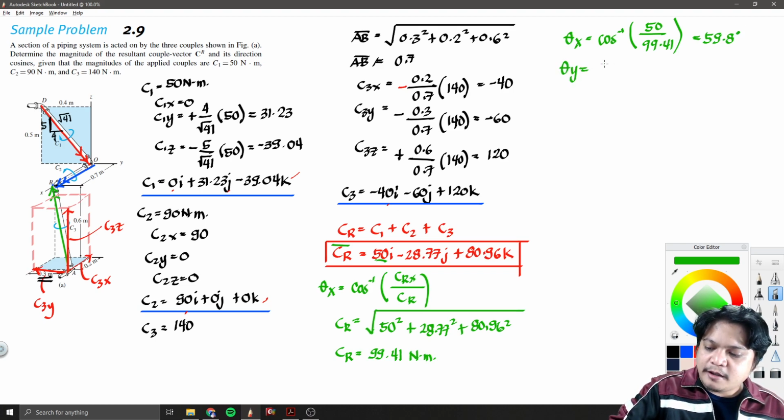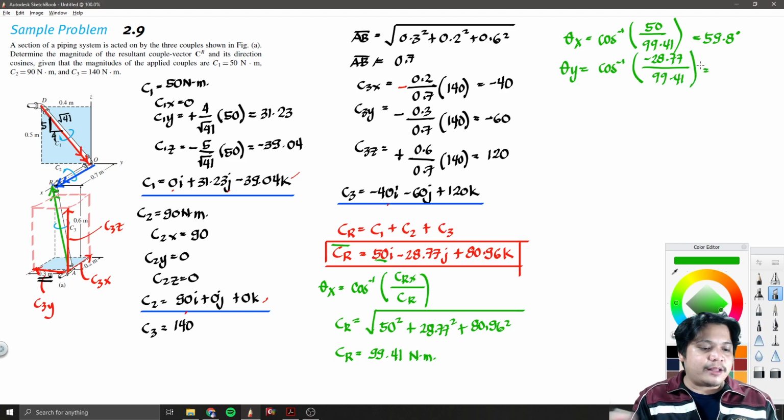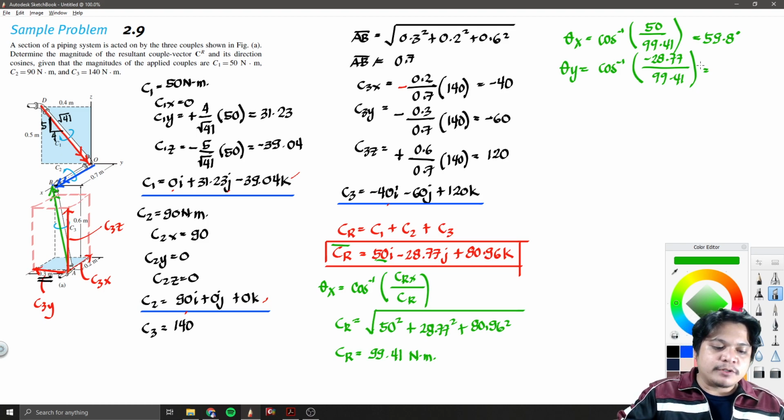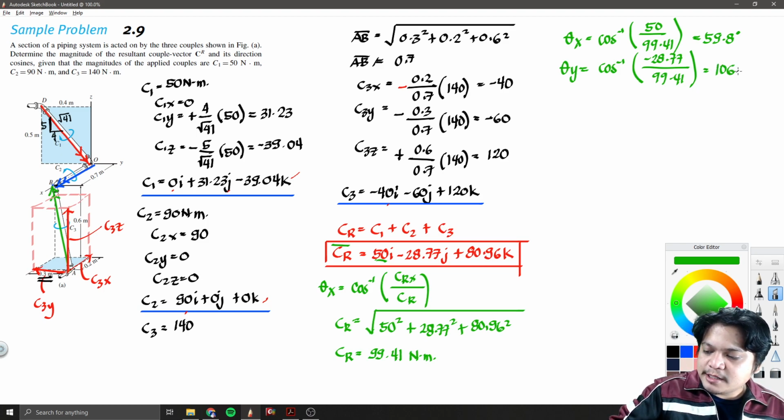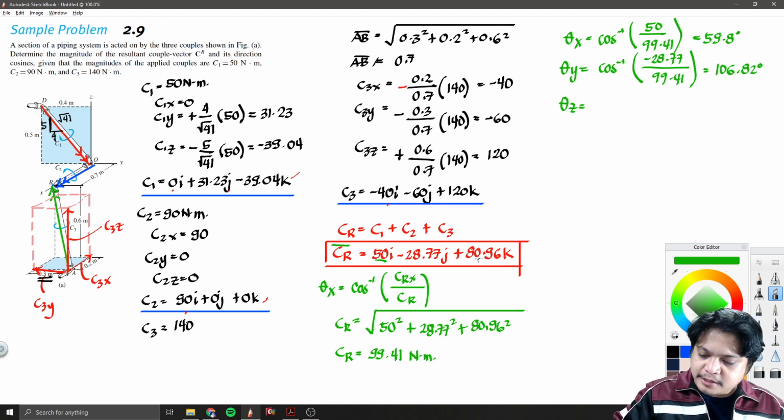Theta y, cosine negative 1, negative 28.77 all over 99.41. So, we expect it to be an obtuse. Okay, kasi nag-negative yung ating value. So, that's around 106.82 degrees. And then, yung z natin, positive naman. So, acute angle lang yan.